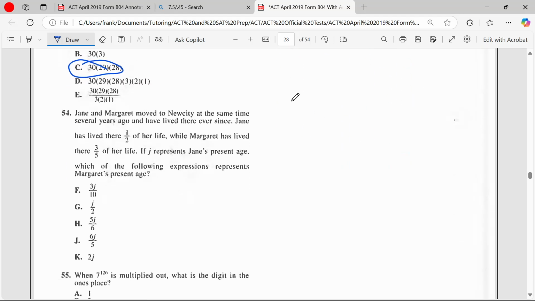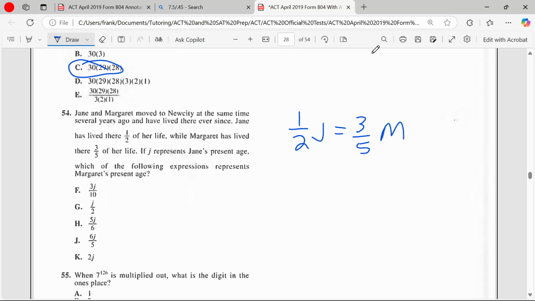Jane and Margaret moved to New City at the same time several years ago and have lived there ever since. Jane has lived there half of her life, and Margaret has lived there 3/5 of her life. They moved there at the same time. So 1/2 of Jane's life equals 3/5 of Margaret's life. If J represents Jane's present age, which of the following expressions represents Margaret's present age?